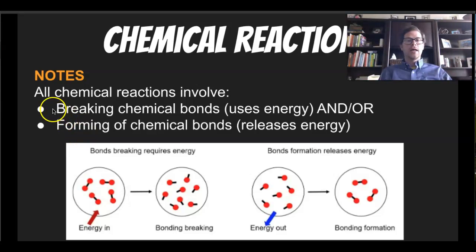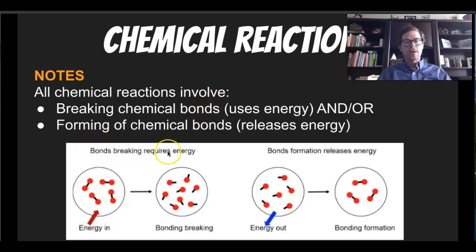First thing is to note that all chemical reactions involve one of two things. So we are rearranging the places that atoms of different types are found in the process of chemical reactions. All chemical reactions involve these two things: either breaking chemical bonds, so pulling atoms apart, or forming chemical bonds, joining them together.